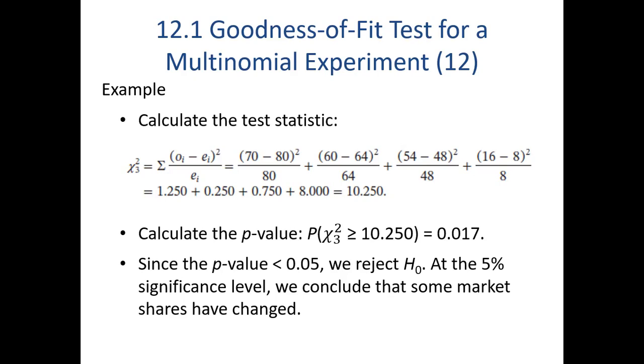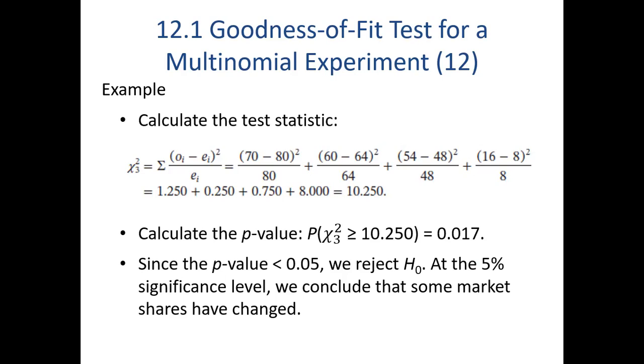Remember, the p-value is the probability of getting a test statistic as extreme as 10.25, provided the null hypothesis is true. And the probability of that happening is 0.0165, which is less than the level of significance of 0.05. Hence, we reject the null hypothesis since p is less than alpha.